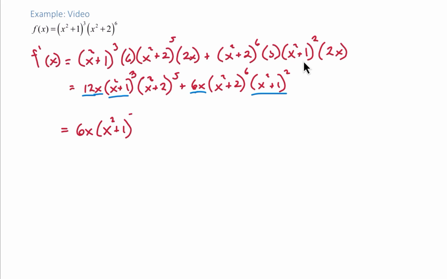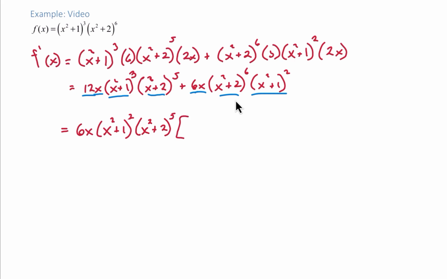And they actually have two of those factors in common. There's 3 in the first term, 2 in the second term. And then we also have x squared plus 2. There's 5 factors in the first term, 6 in the second term, so we have 5 in common.